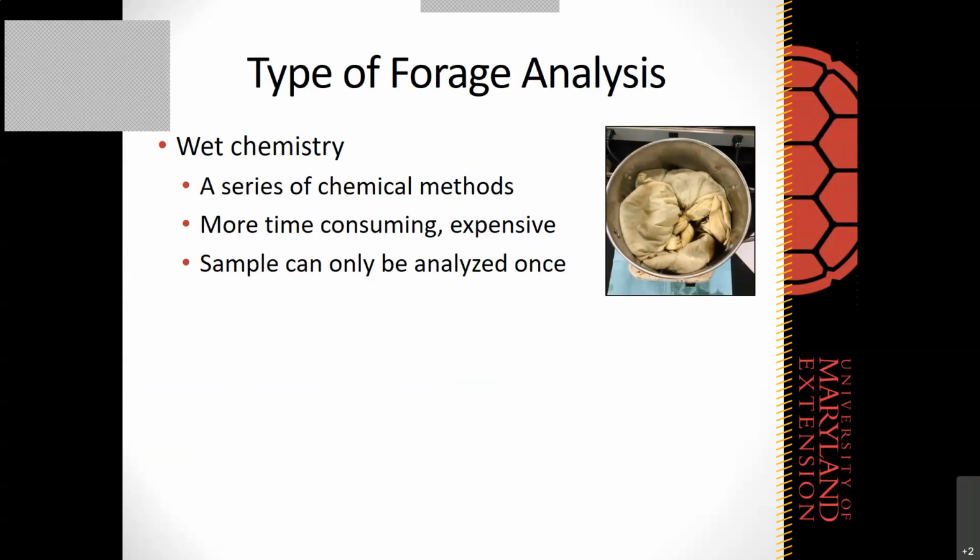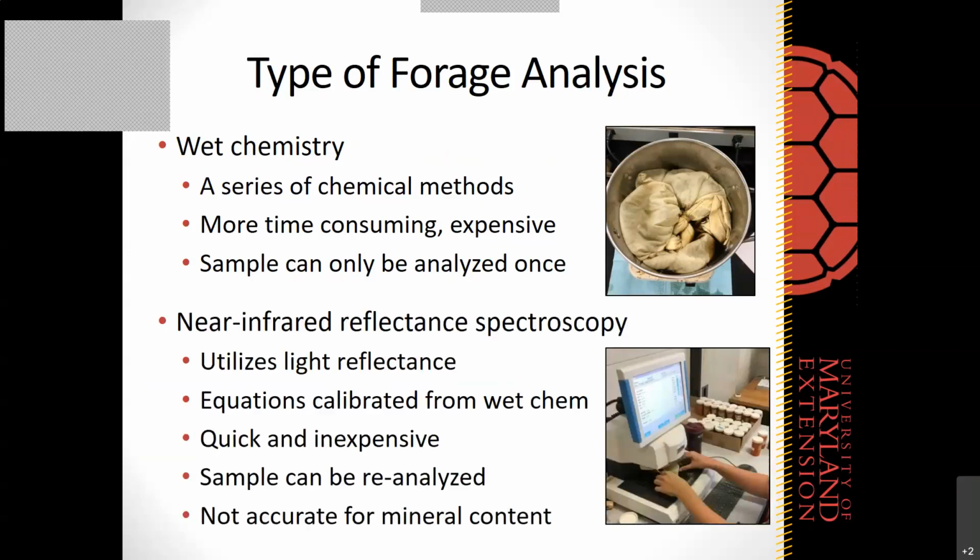The other option is something called near infrared reflectance spectroscopy, or NIRS. You may hear the term NIR tossed around. That is basically scanning a sample using light reflectance. The lab can do this because they have done enough samples with wet chemistry that they've made an equation, calibrated with their equipment.